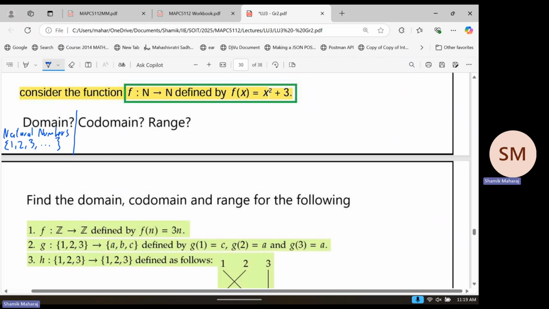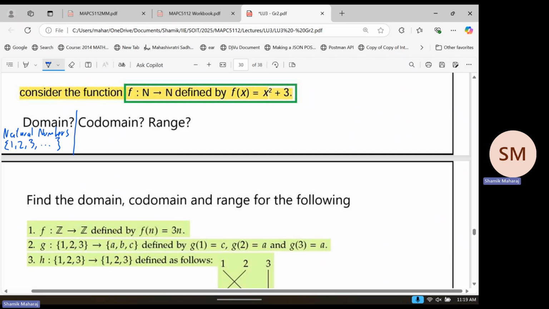So in a similar way, can you tell me what the codomain is? The first part is the domain, and the second part, after the arrow, tells us the codomain. Anyone want to try telling me what that is? If this is the domain and this is the codomain after that, then that's the answer right there, whatever is there.